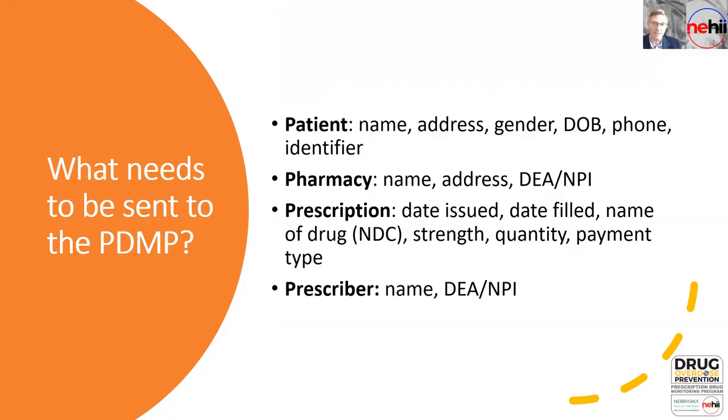It'll have the date filled by the pharmacy, when that was processed by the pharmacy, the NDC, which then can be referred to through the name, strength, and dose form of that prescription, the quantity, and even the payment type, to know if this patient is a commercial insurance patient, private pay, which can all provide some telling information when providers are looking up this information on the PDMP.